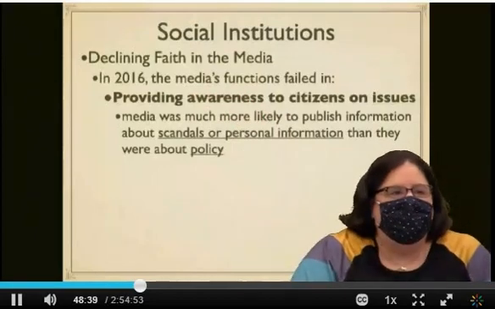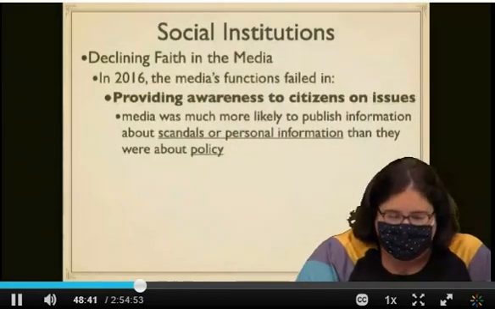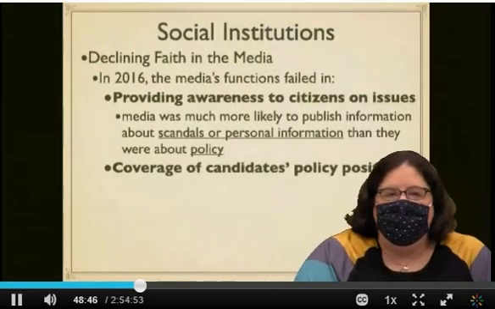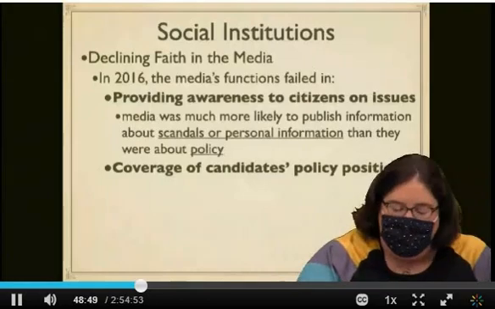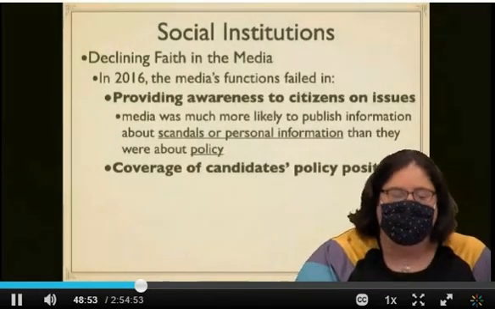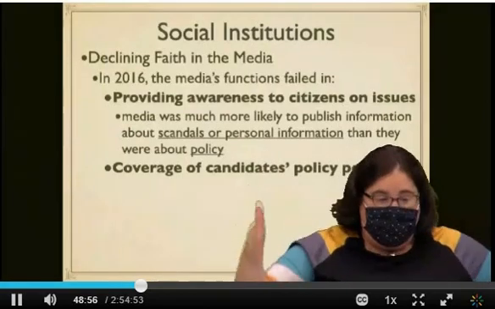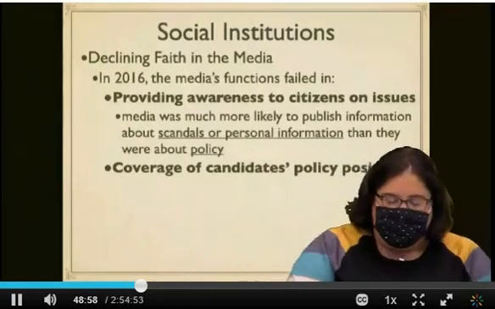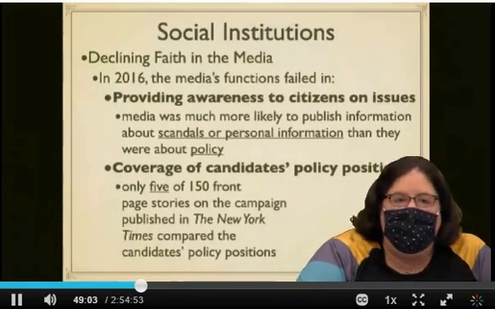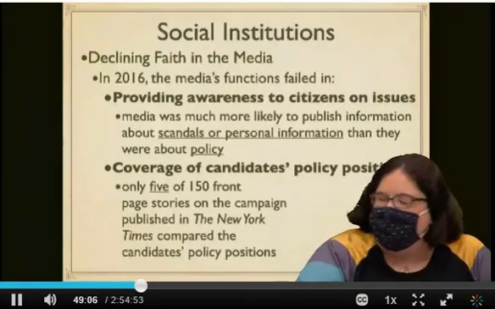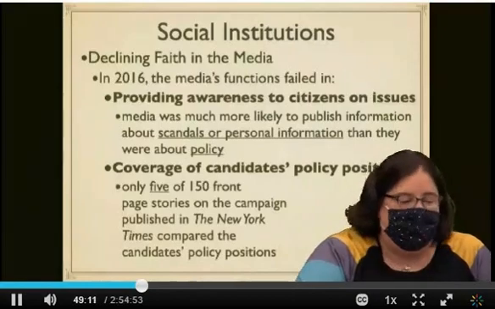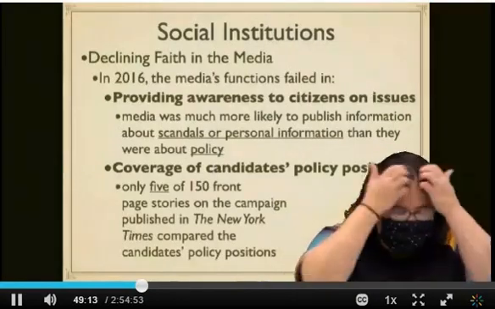Failure of the media to ask the real questions and to present the real information. Even when they did cover candidates' policy positions, it was minuscule. A study of the New York Times found that for the 150 front page stories published during the election cycle, right, for 150 days around this election, only 5 of them compared the candidates' policy positions. 5 articles from the New York Times, arguably one of the biggest papers, right?